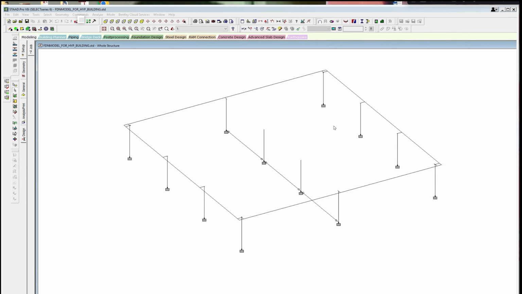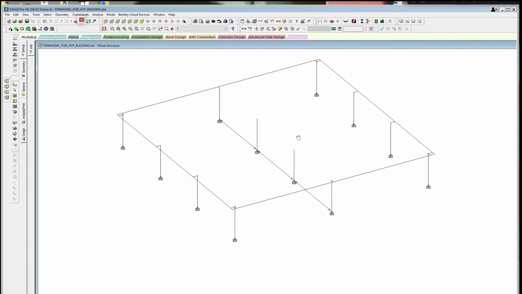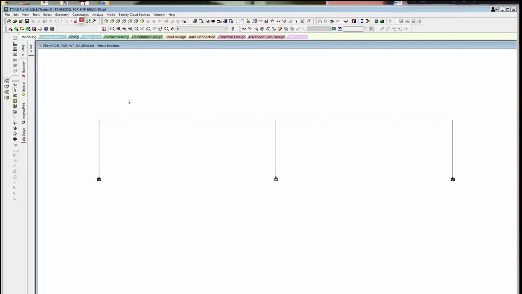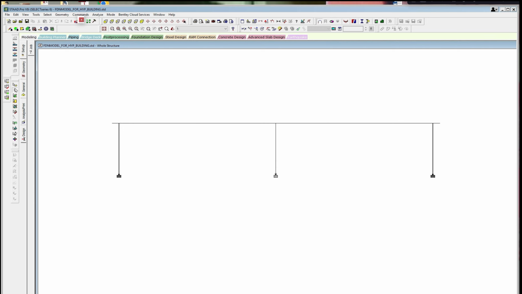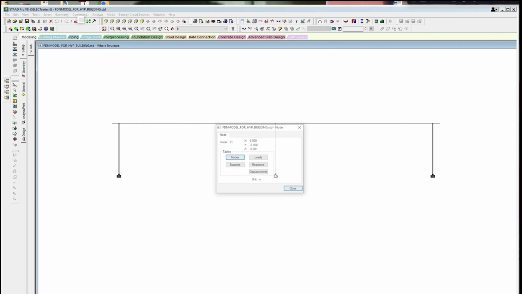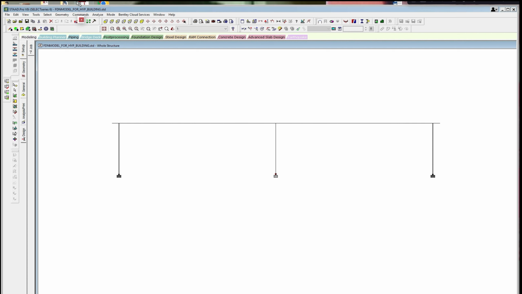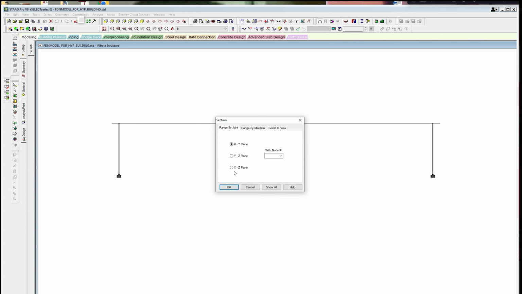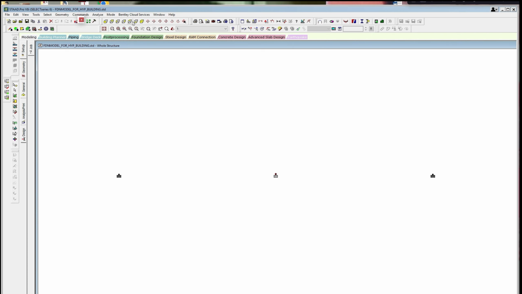We will have two cases, one for lateral and one for gravity load. Let us first cut the section at the foundation. This is node number 51. Tool, cut section, exit plane 51. So we have this.